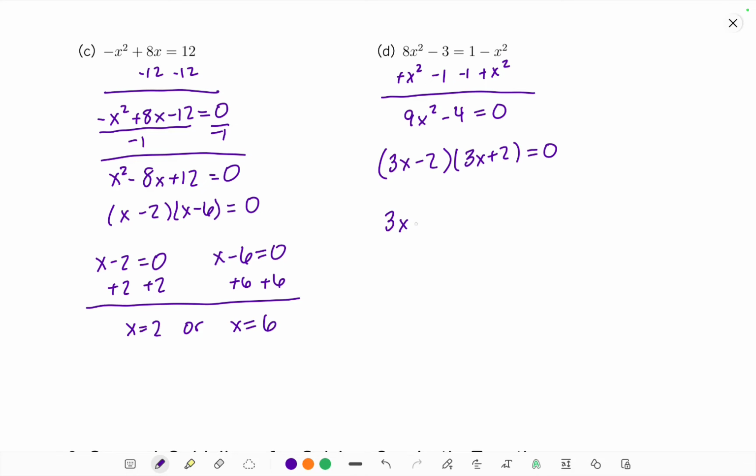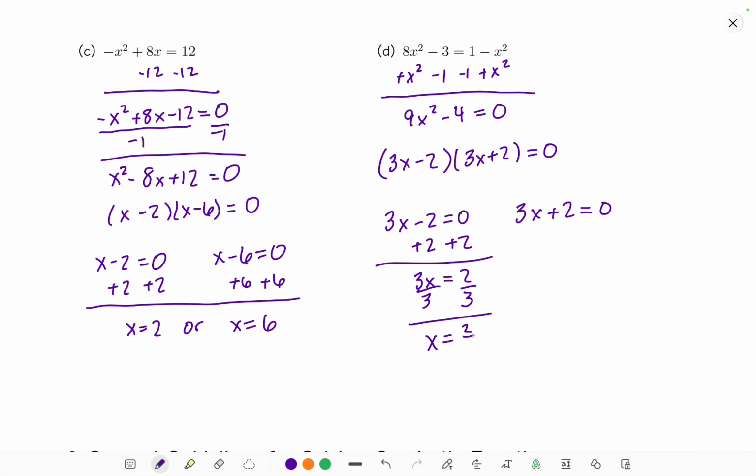Then you take each one separately equal to 0. And then add 2, divide by 3, x equals 2/3. Subtract 2, divide by 3, or x equals -2/3.